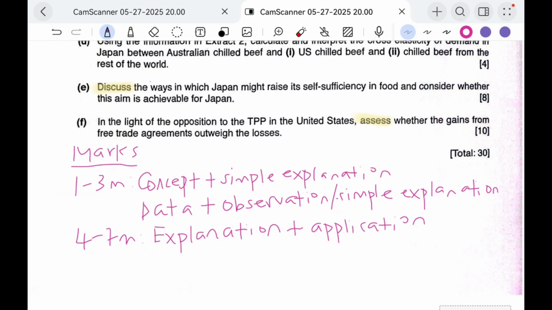Otherwise, when you look at the highest tier, which is 8 to 10, I haven't seen a 9 mark before, it will be either 8 or 10, but this is really the most important, because on top of your explanation, you still need evaluation. Evaluation is the more challenging one for students, because it can sometimes be difficult to come up with a viewpoint.